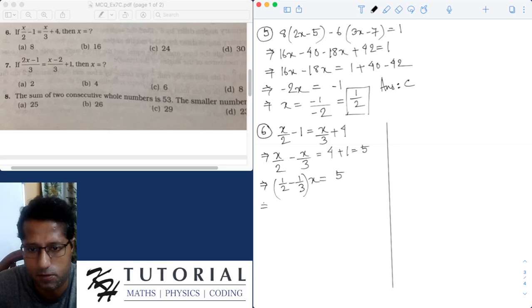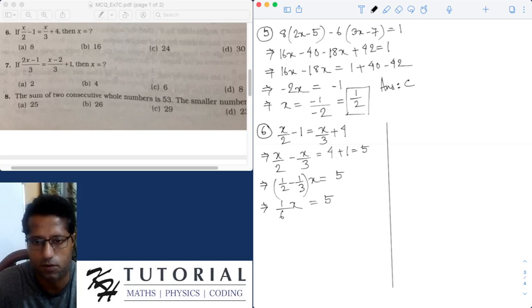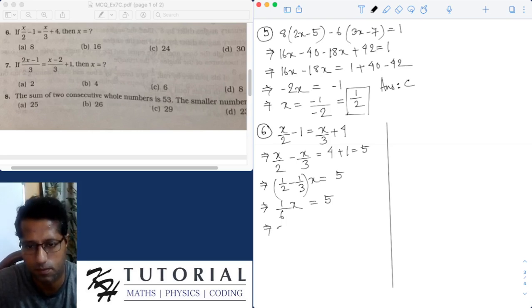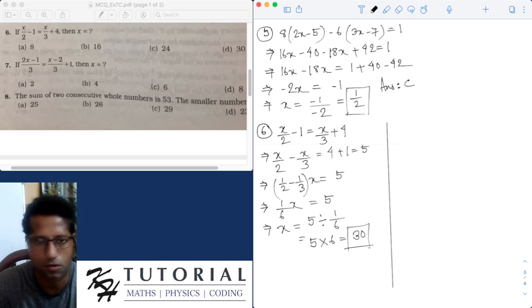Now half minus 1 by 3 is 1 by 6, so 1 by 6 of x equals 5. So x equals 5 divided by 1 by 6. This is nothing but 5 multiplied by the reciprocal of 1 by 6, that is 6. This is 30. So the solution is 30, and the answer is choice D.